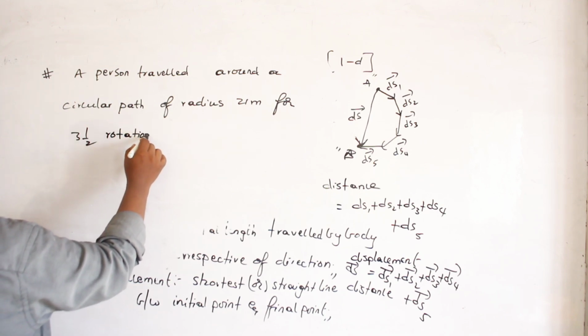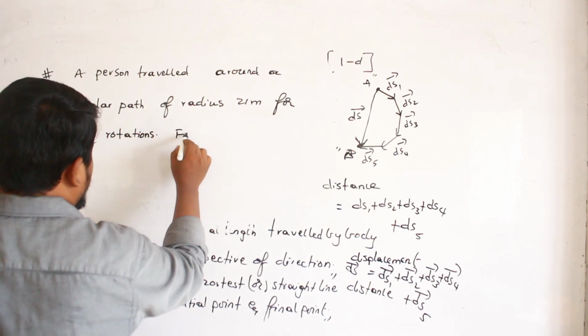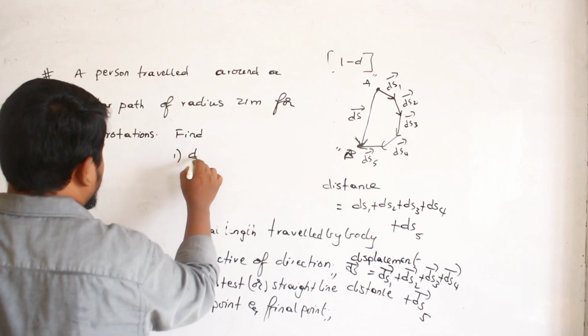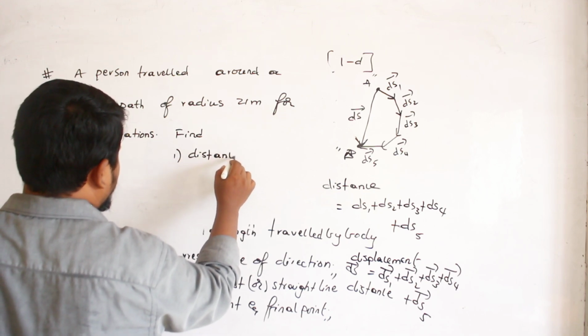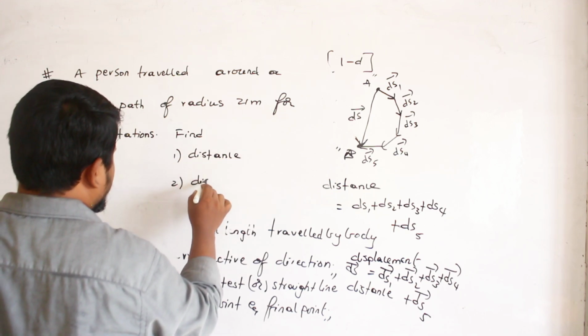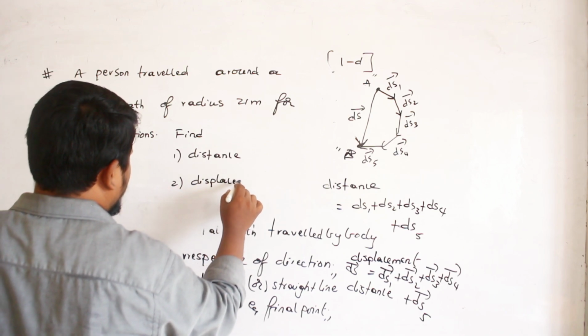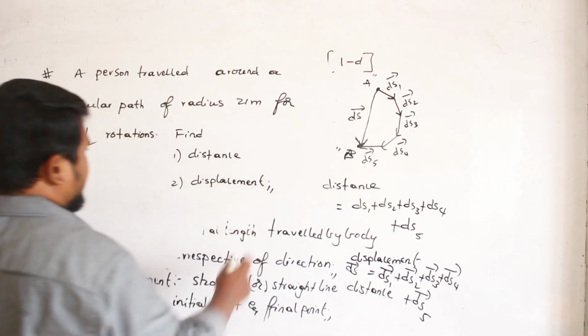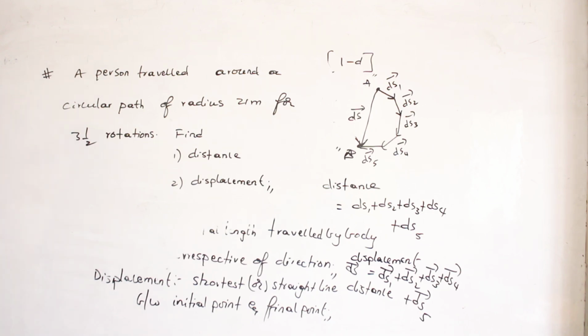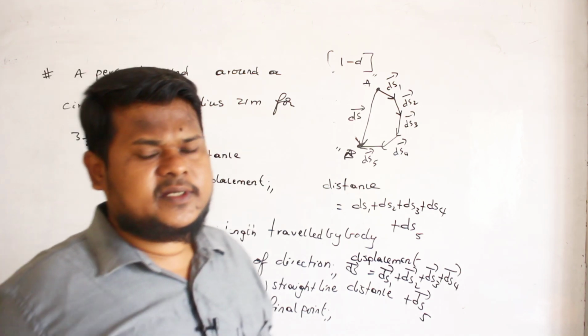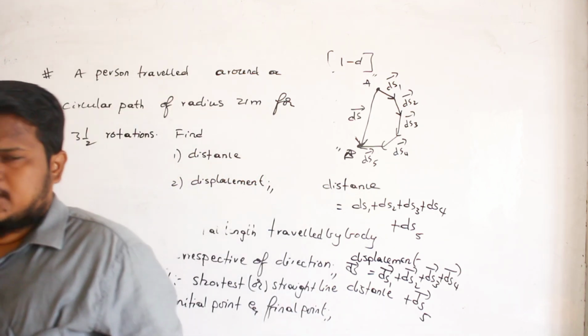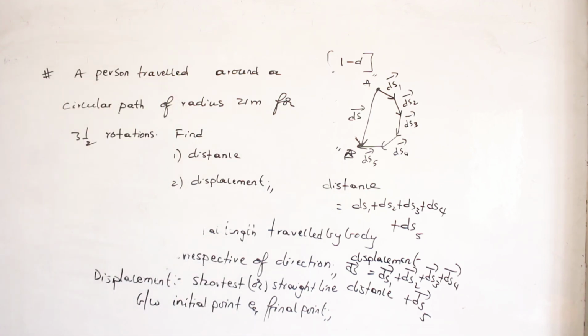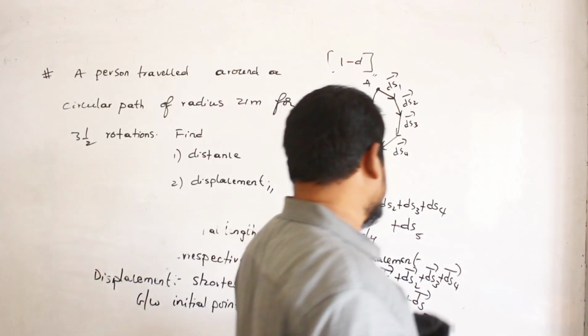Clear? 3.5 rotations. Then find the distance traveled by the person and the displacement. Come on, try to do this. The person has rotated for how many rotations? 3.5 rotations. Then calculate what is the distance traveled by the person and what is the displacement.